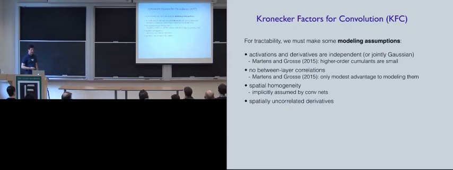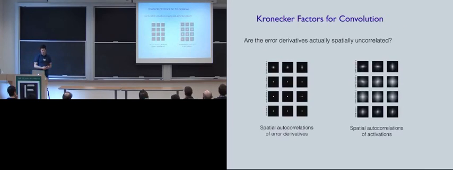The other assumption might seem a bit more dubious: spatially uncorrelated derivatives. The activation derivatives in one image location are uncorrelated with the derivatives in another image location. But we can measure this empirically. Here we have autocorrelation maps for the error derivatives for various channels in various layers of various networks, and these autocorrelation functions are basically delta functions.